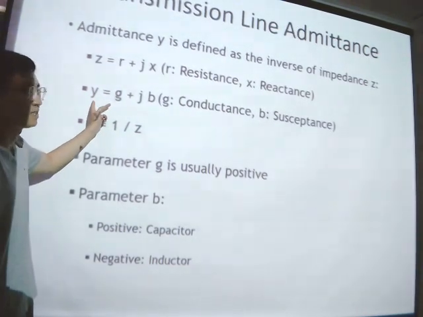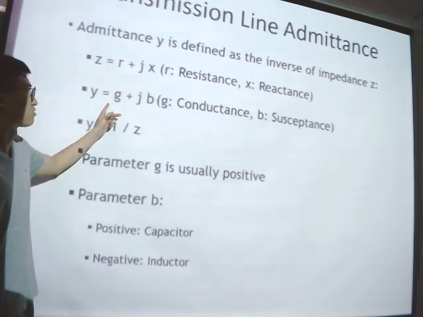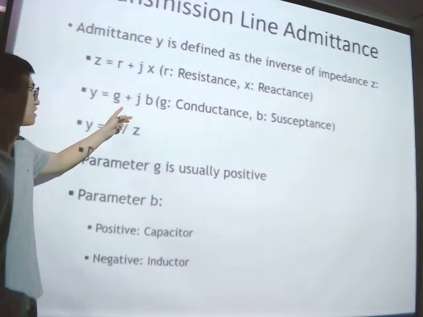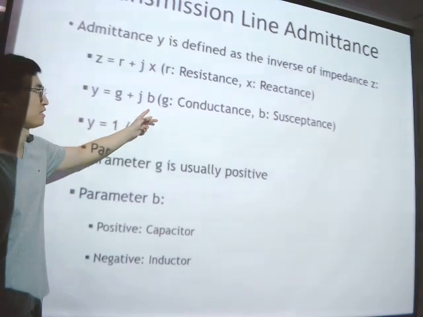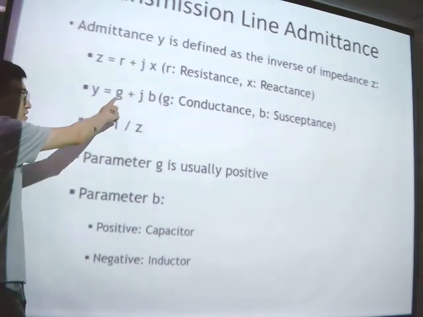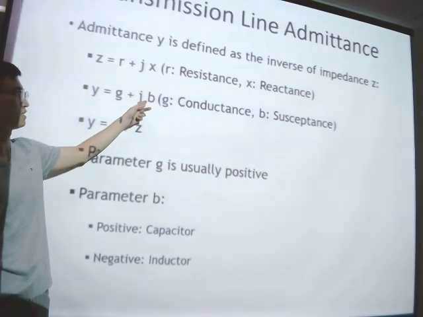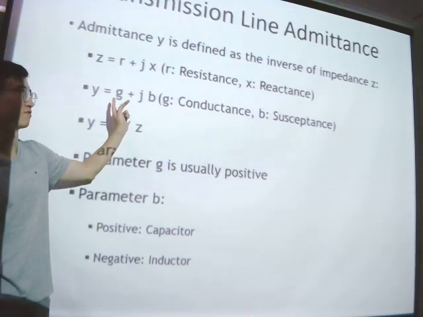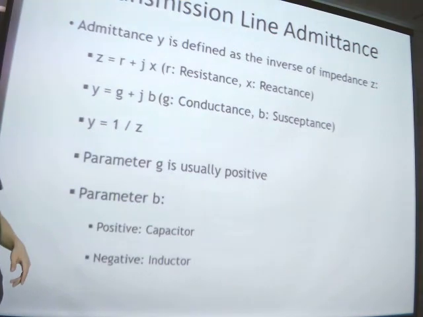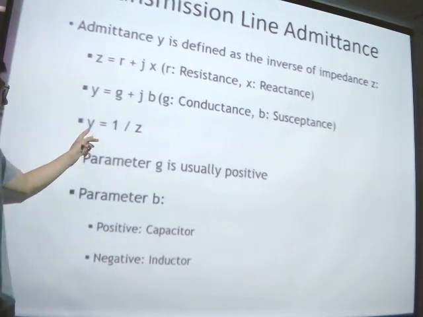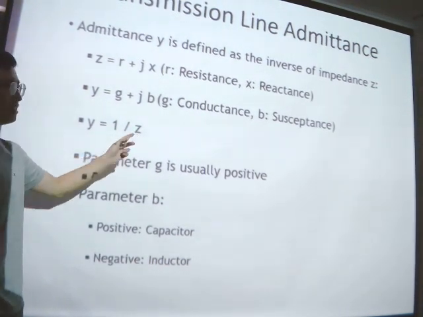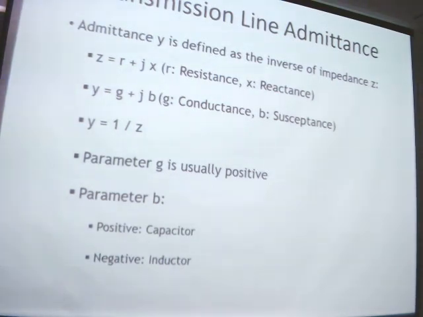And the admittance Y is equal to the conductance plus the susceptance. Conductance is the real part and susceptance is the imaginary part, very similar to the impedance, and it is the reciprocal of the impedance Z.